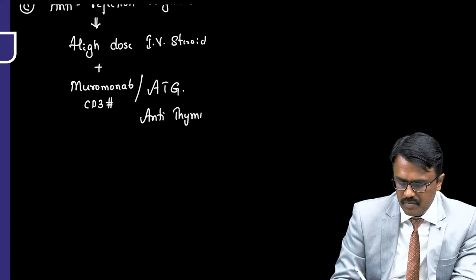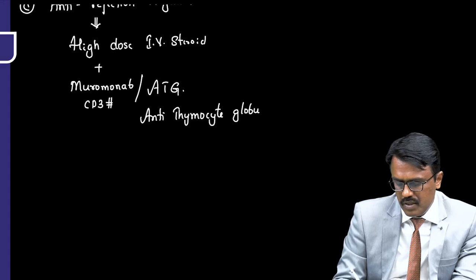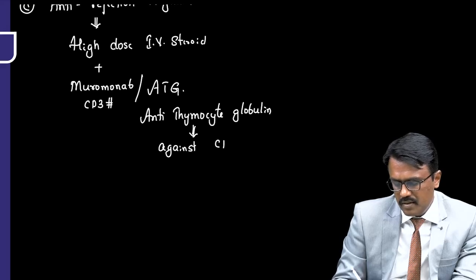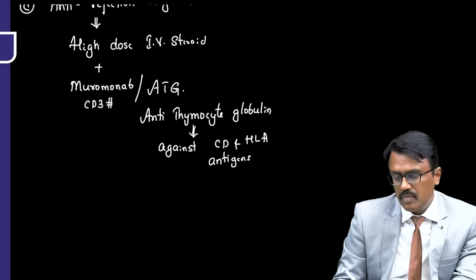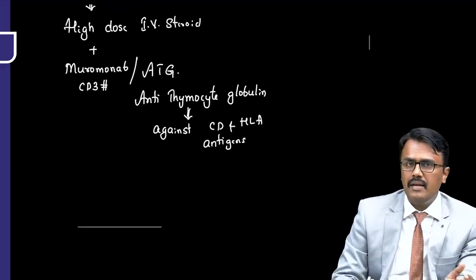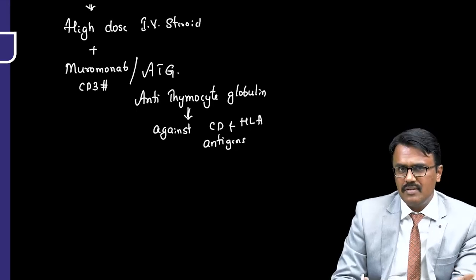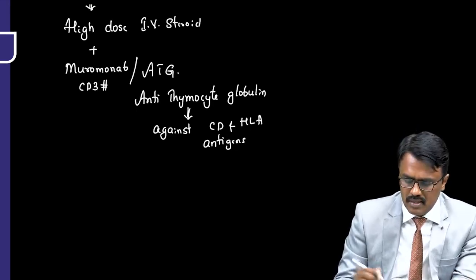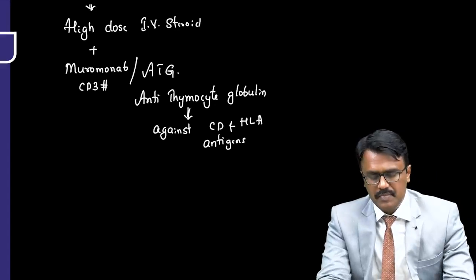This is against many CD and HLA antigens. It is derived from horse and rabbit, and it is highly allergenic because it is obtained from animals. It is called anti-thymocyte globulin.